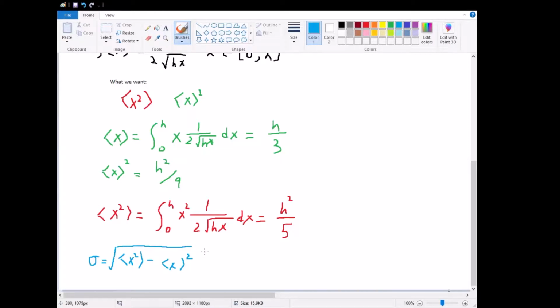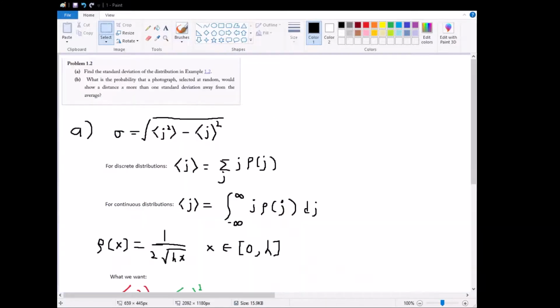We plug in the stuff that we found above, so this equals the square root of h squared over 5 minus h over 3. And this gives us approximately 0.2981 h. And that is our answer.